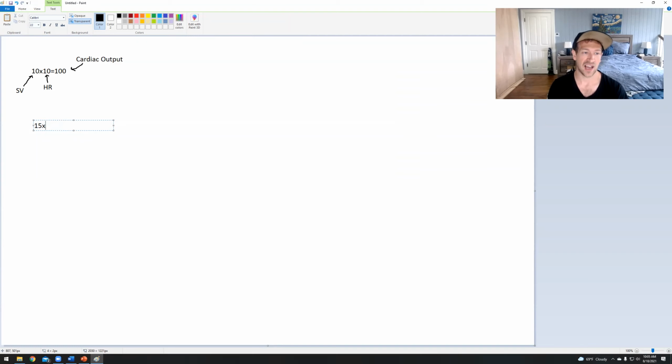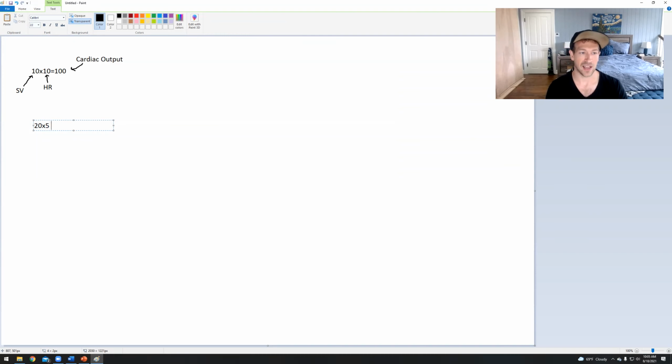So let's say my stroke volume is 20. That'll make my math a lot easier. So if my stroke volume is 20 and I'm able to deliver double the amount of blood per beat, what's going to happen? My heart's going to beat less, right? Instead of beating 10 times, it's going to beat 5 times.